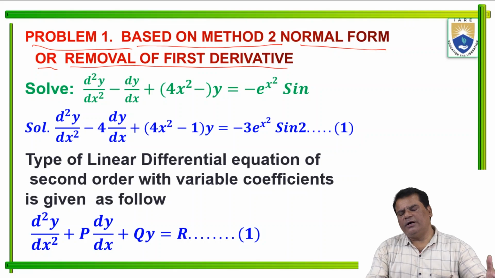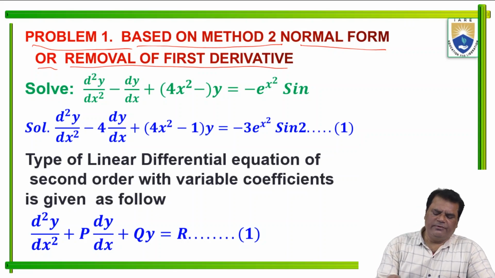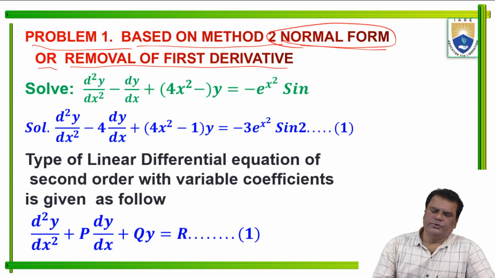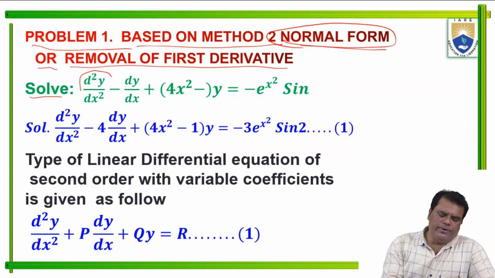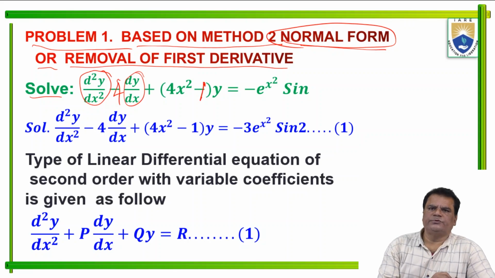If we remove the first derivative, then the equation converts into normal form. So now solve: d2y over dx2 minus 4x dy dx plus (4x square minus 1) y equals e to the power x square sin 2x.